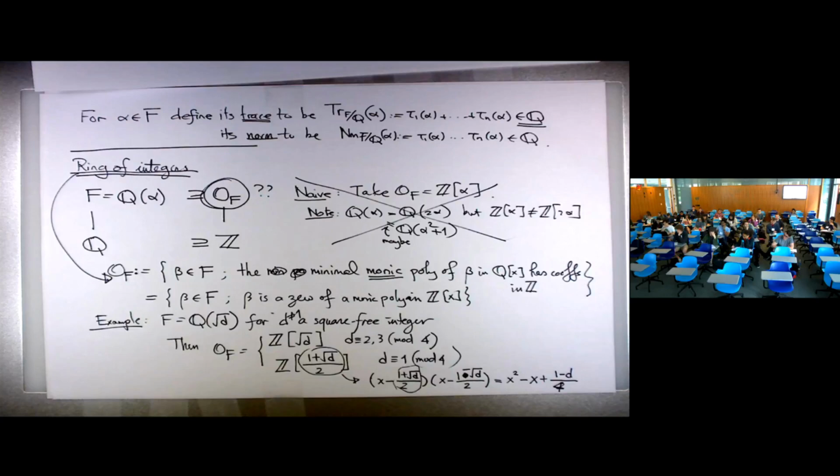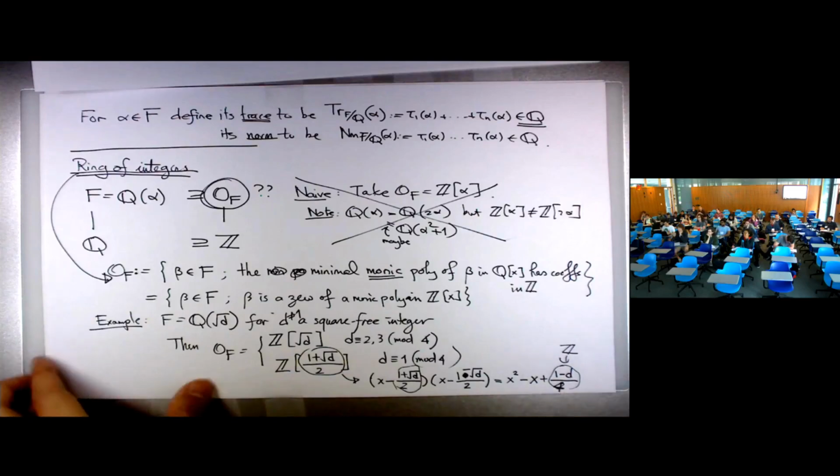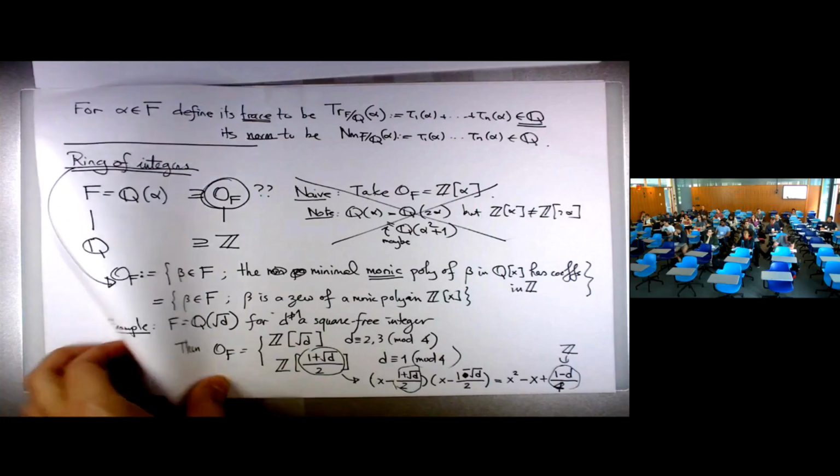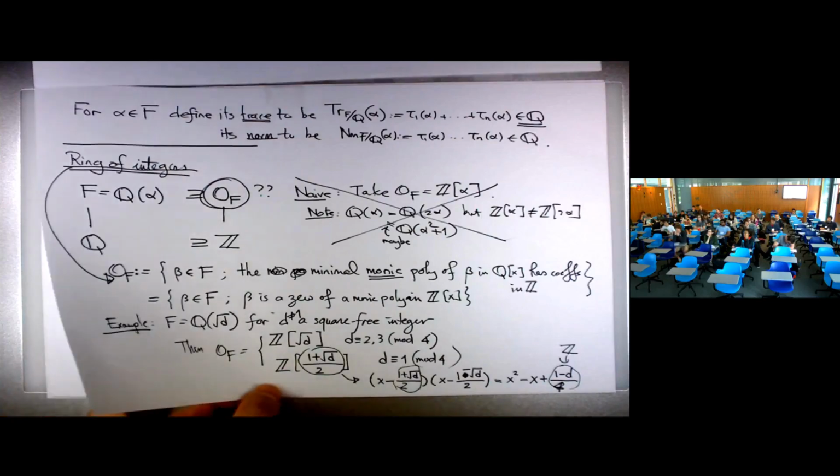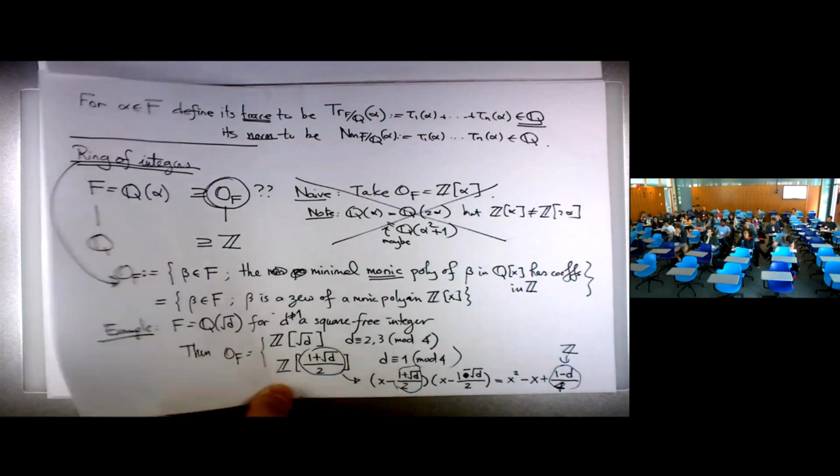Think a little bit. Now you see that if D is congruent to 1 mod 4, this last term is actually in Z. So therefore, although this 1 plus root of D over 2 doesn't look very integral, it is a zero of an integral coefficient polynomial. Okay? Good. So this is one of the examples.